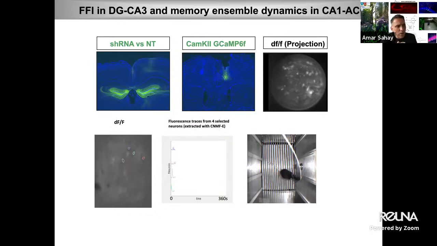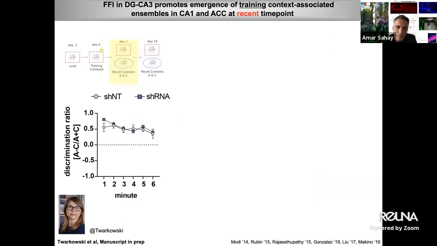So Hannah was now able to image over time and look directly at the evolution of properties of these ensembles, whether they fire at different frequencies in terms of calcium transients, and their participation in ensemble-like activity as assessed by synchronous activation in CA1, as well as in anterior cingulate cortex.